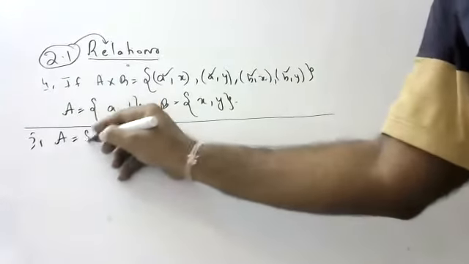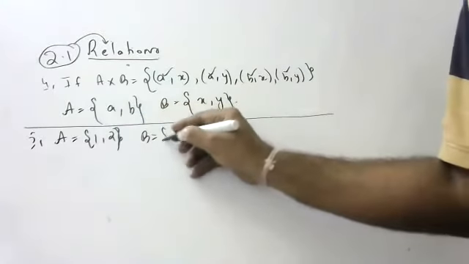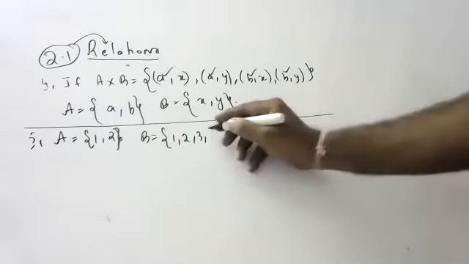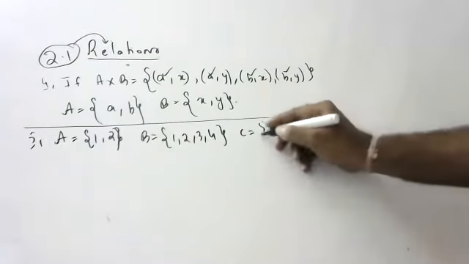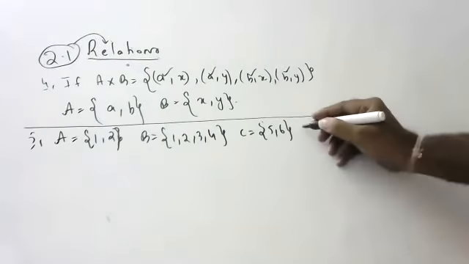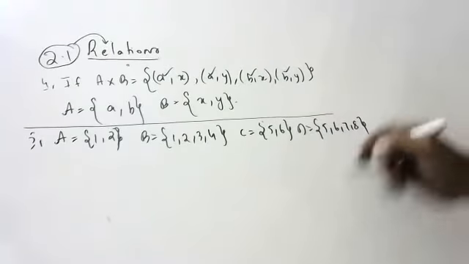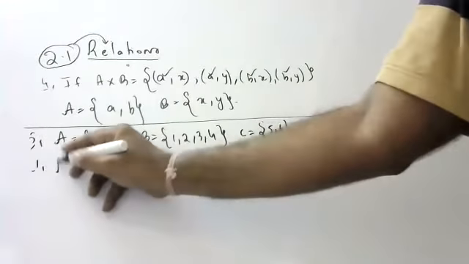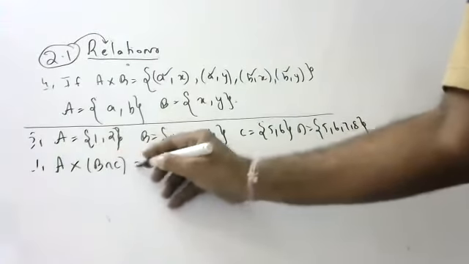Children, A is equal to {1, 2}, B is equal to {1, 2, 3, 4}, C is equal to {5, 6}, and D is equal to {5, 6, 7, 8}. First question: what is the value of A cross (B intersection C)?